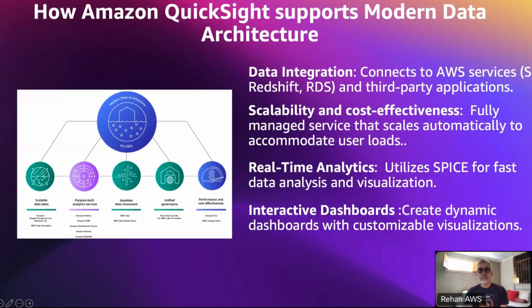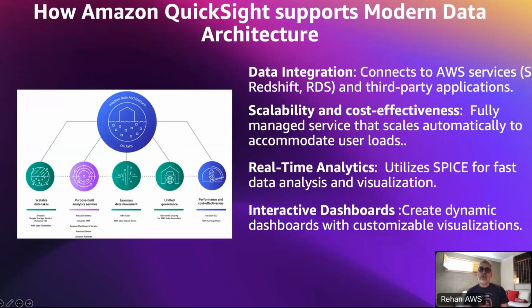Interactive dashboards. Users can create interactive dashboards and visualizations easily using QuickSight's intuitive interface. We offer a feature called AutoGraph, which suggests the best visualization type based on the underlying data patterns. This functionality empowers users to explore their data dynamically and derive actionable insights.